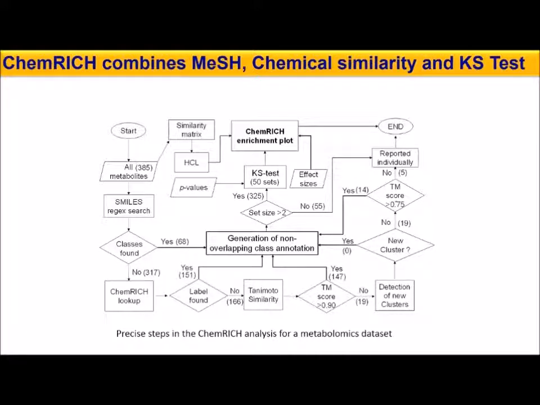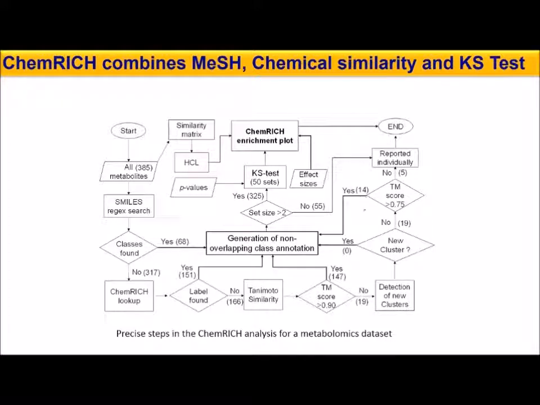Then we lower the threshold to 0.75 in case 0.90 was too stringent, and maybe just by lowering we can map some of the compounds to an approximate MeSH class. So we could map 14 compounds to MeSH annotations. The remaining compounds were too distinct, not similar to any other compound, and they need to be reported individually.